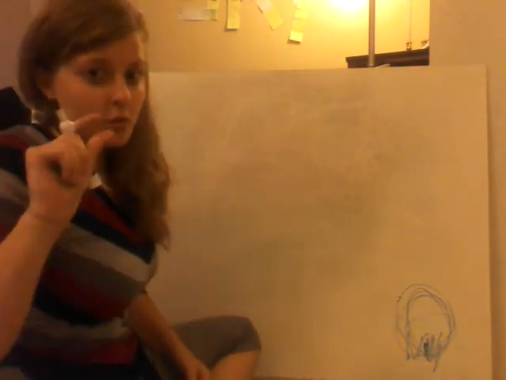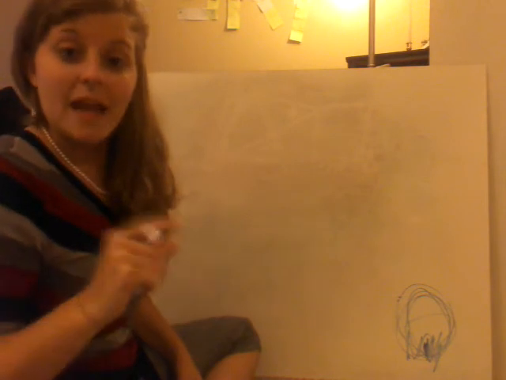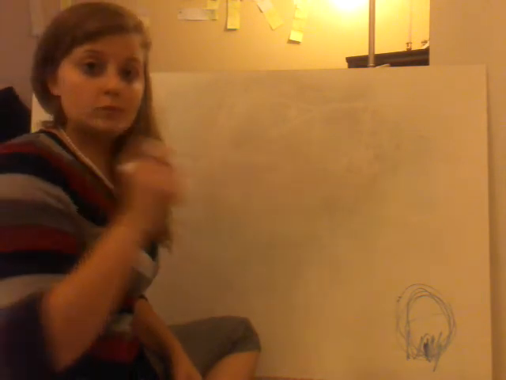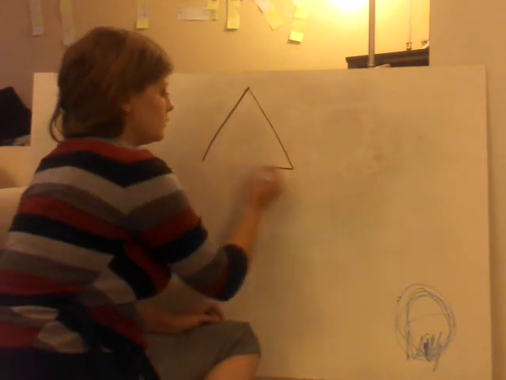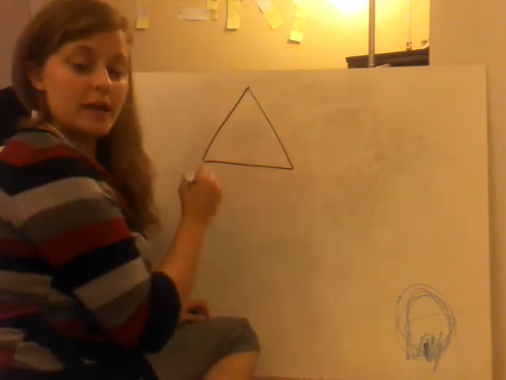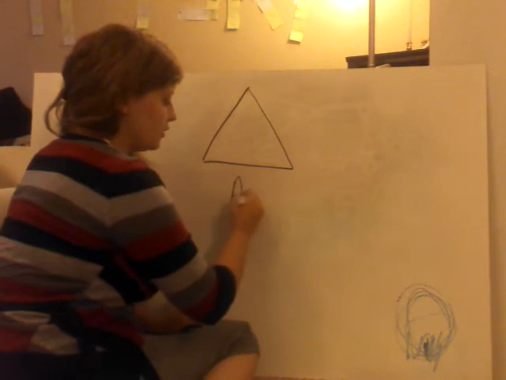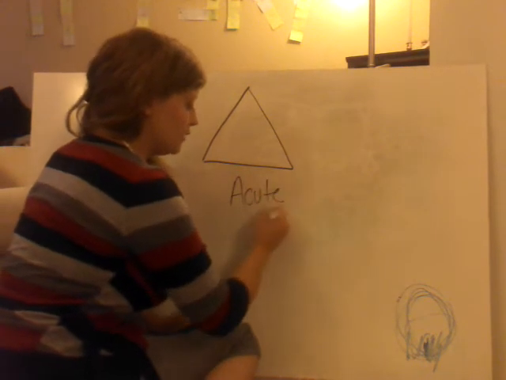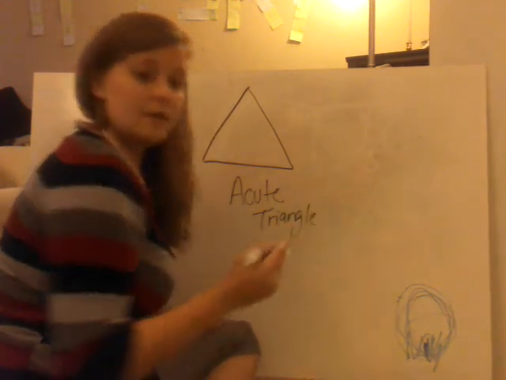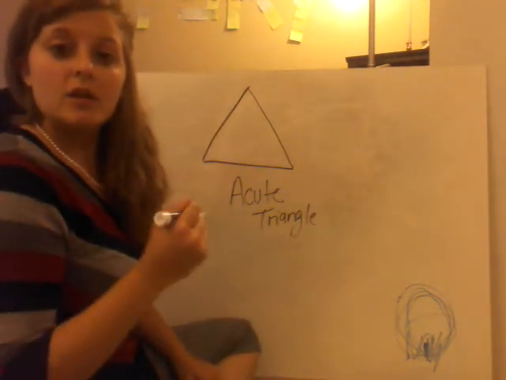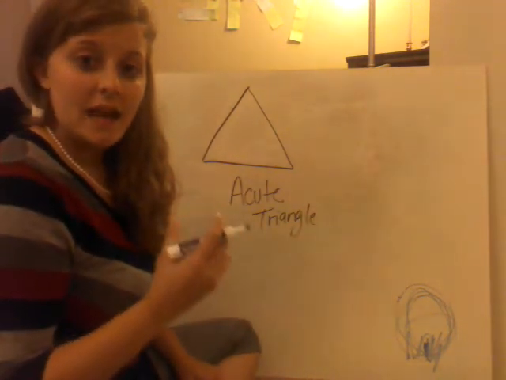So remember, we'll start out with the cute one, little tiny, put it in your pocket. It's acute because it's small. So I've got my triangle here, an acute triangle. The definition is every angle is less than 90 degrees.